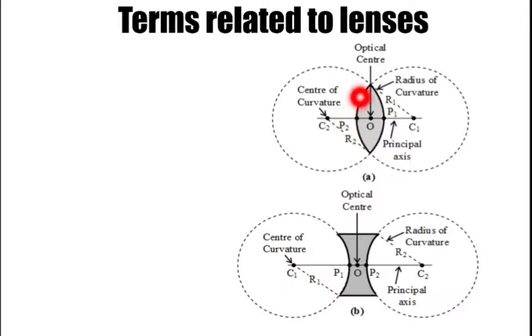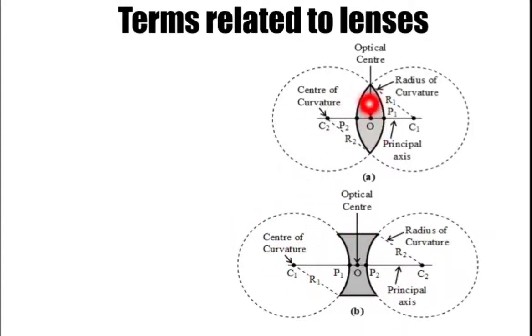Now, if we draw or develop these edges into a complete sphere, on both sides, in both types of lens, we are going to get two complete virtual spheres. So here you can see this is one virtual sphere and here this is the other virtual sphere, and here also the same spheres are available.